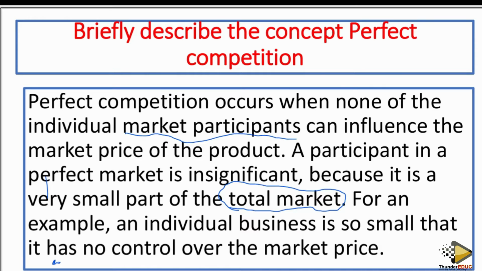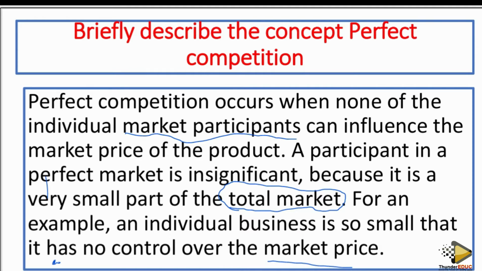There is also no business in this regard that we can say dominates the market. All businesses have to take the prevailing market price that is there in the market. So, for example, an individual business is so small that it has no control over the market price. Okay, right, Grade 12s, I did explain this.